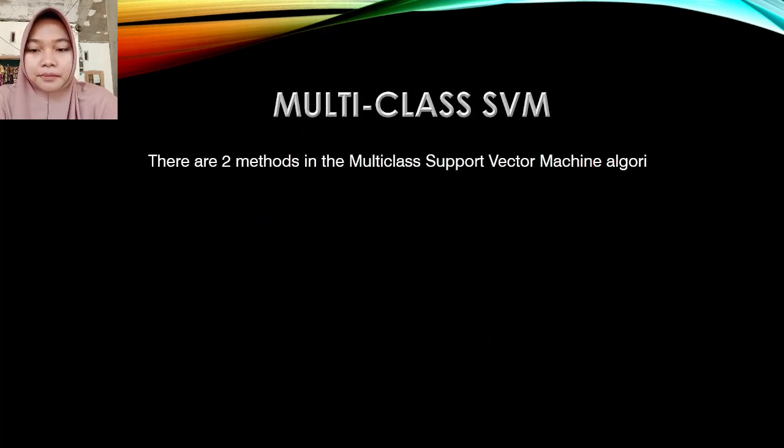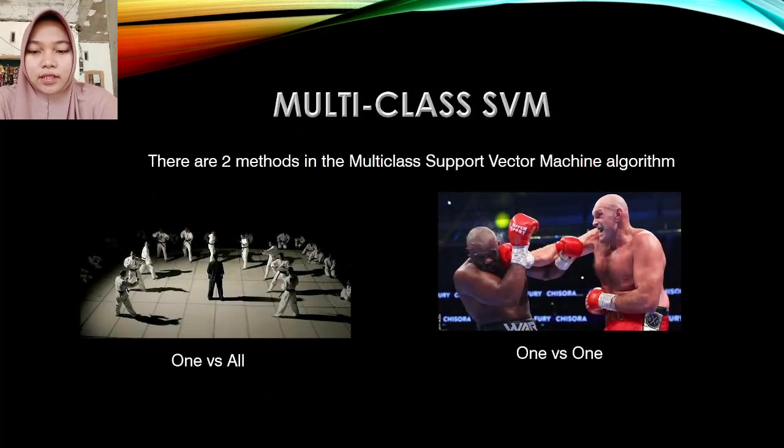There are two methods in the multi-class support vector machine algorithm. For example, one versus all and one versus one.